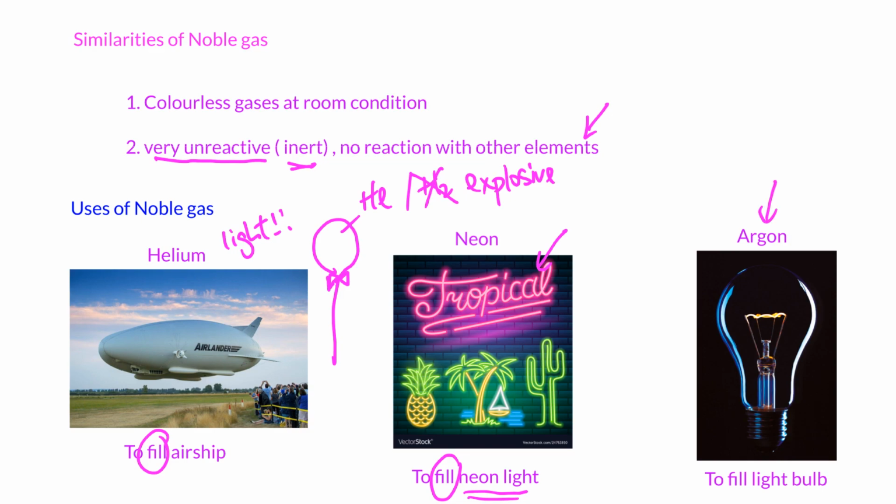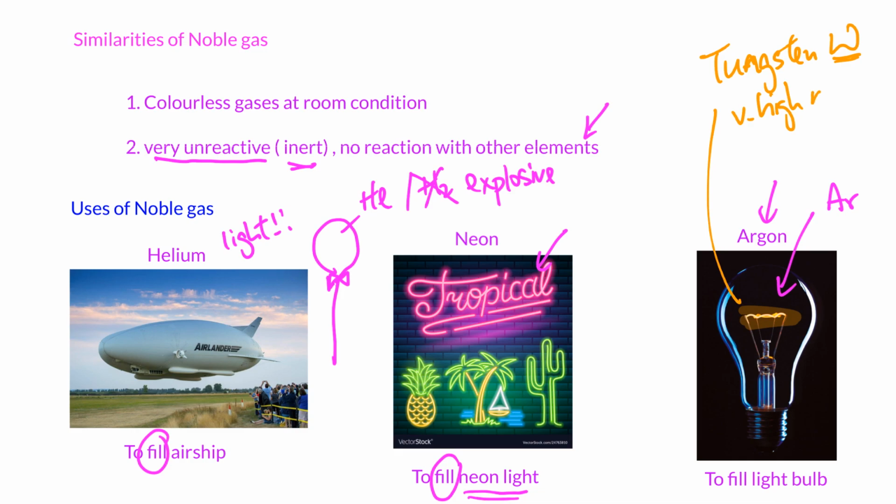Argon, it is the spacing right here. We fill it with argon, and the wire here, actually this one is tungsten, just for information. Tungsten is also an element, with the symbol W. It has a very high melting point, so even if you pass electricity through it, it will become red hot, at very, very high temperatures, and give out light.